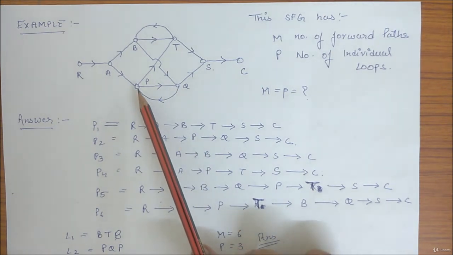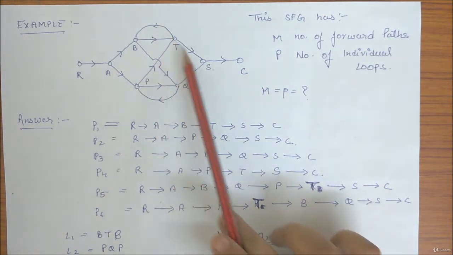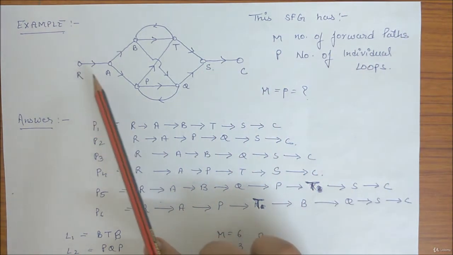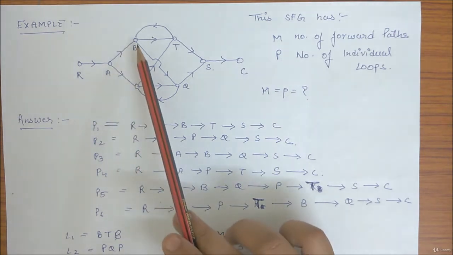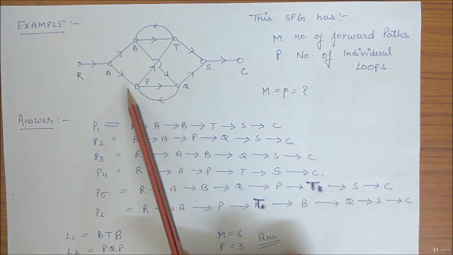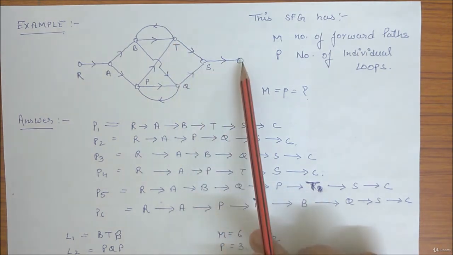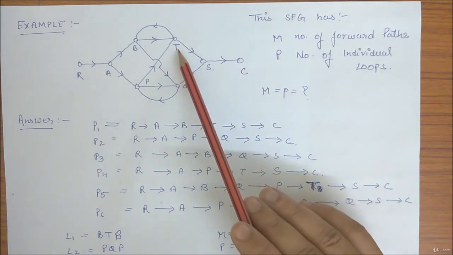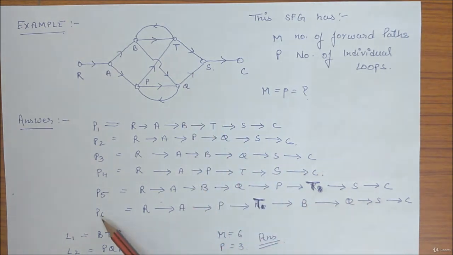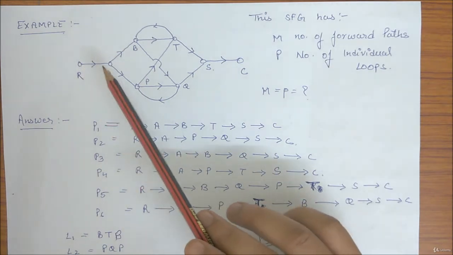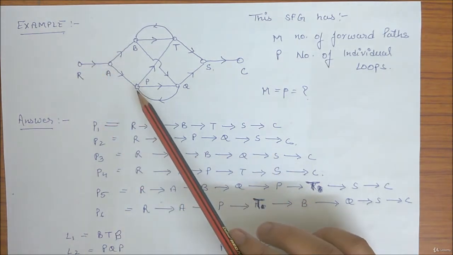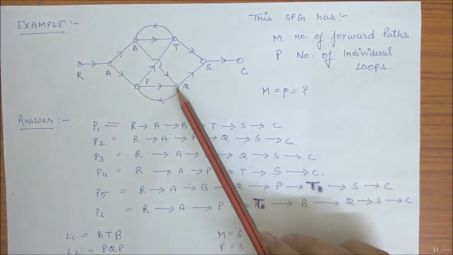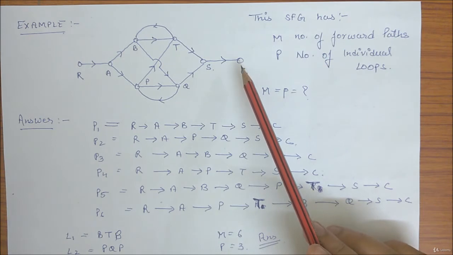P T S C. Again, R A P Q, P T S C. Remember, this is T. Sorry for my mistake, this is node T. Now the last path, P6, R A P T B Q S C. This last path.